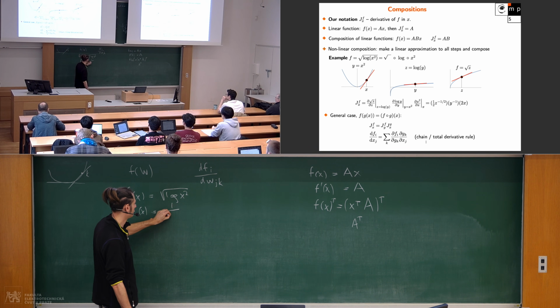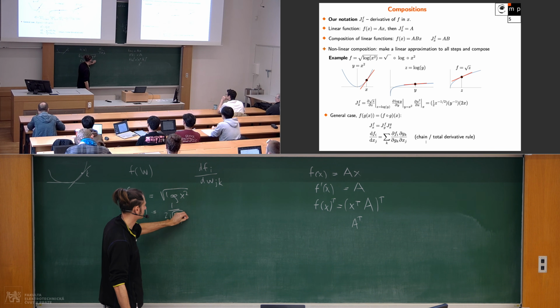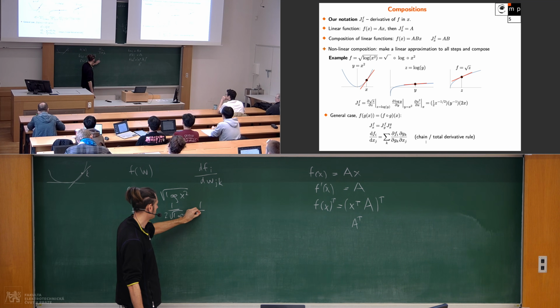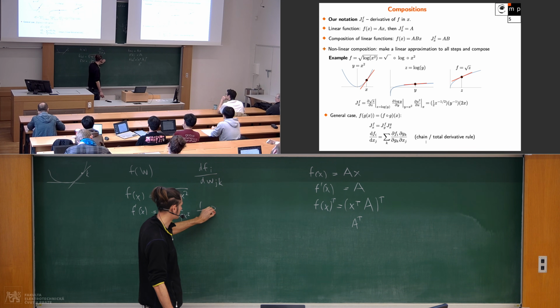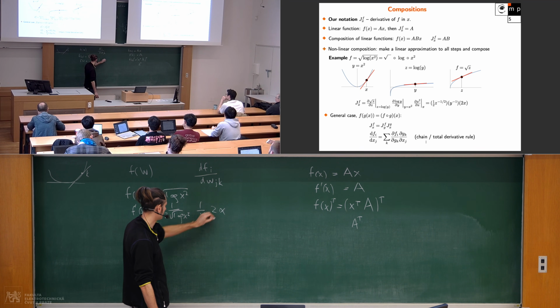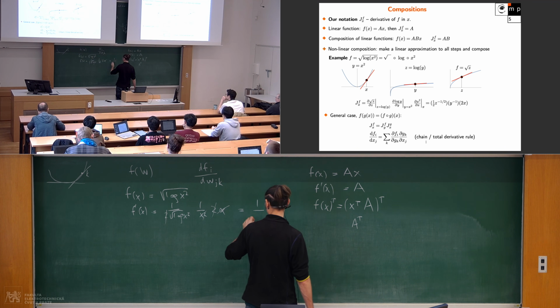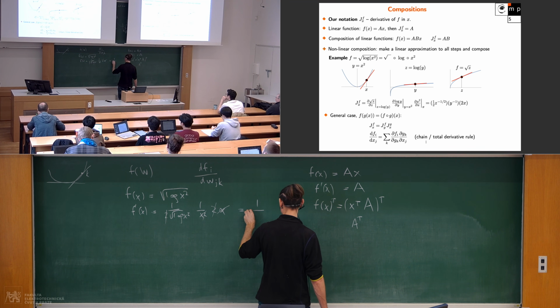You do 2 square root log x squared, and then you differentiate what is in here, again analytically, so it's 1 over x squared, and then you differentiate that, and this is 2x, and you maybe cancel something here. And you say, okay, my derivative at any point x is this.